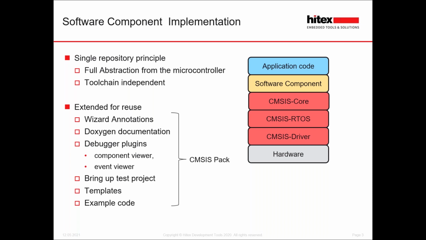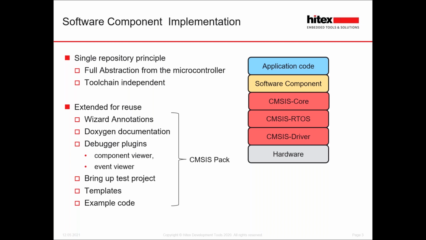We can add Doxygen, so we can auto-generate documentation. We can also start to customize the debugger with special component viewer windows that give us a specific view of our component, and also event viewer annotations that will give us the flow of execution and also timing information.